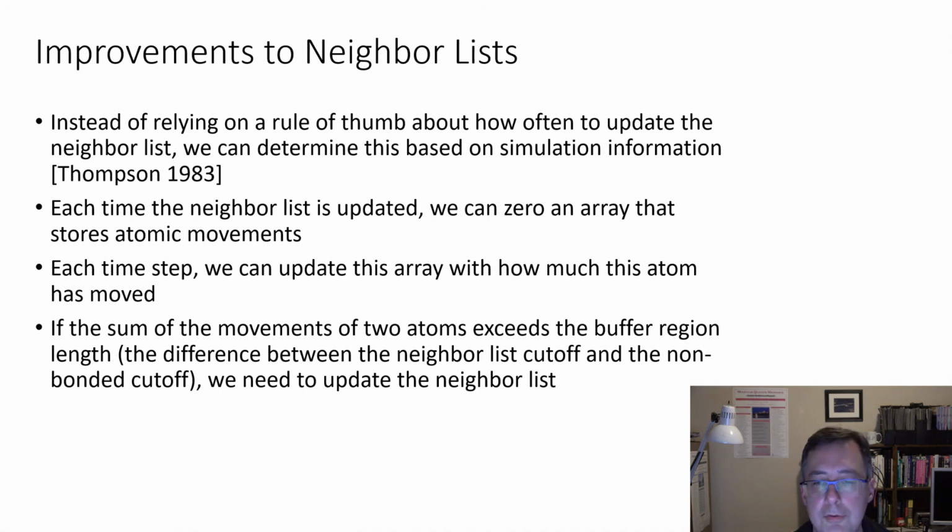Each time the neighbor list is updated, you can zero out an array that stores the atomic movements, and then each time step you can update that array with how much each atom has moved, and then the sum of the movements of 2 atoms, if that exceeds the buffer region length, then that tells you it's probably time to update the neighbor list. So I hope that makes sense.